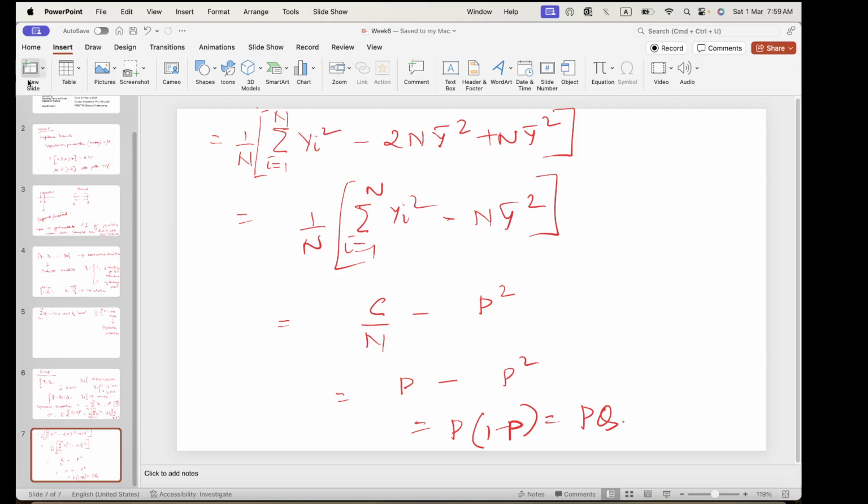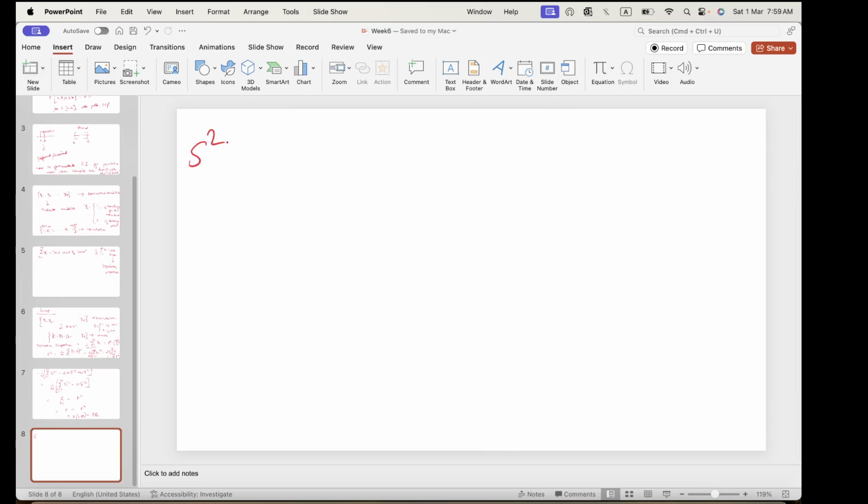Now how about S square? This is nothing but similar to sigma square with denominator 1 by capital N minus 1, summation i equal to 1 to N capital Yi minus Y bar whole square.